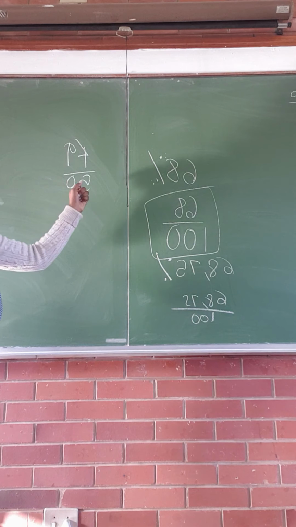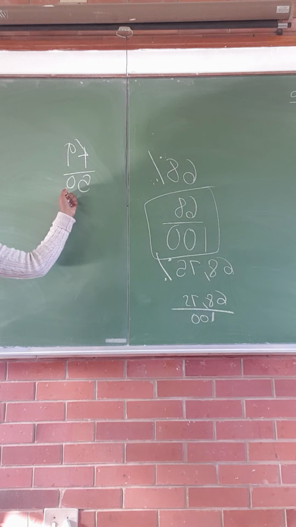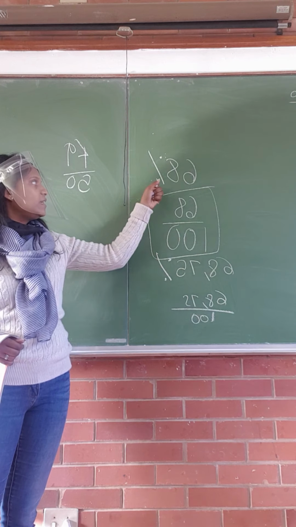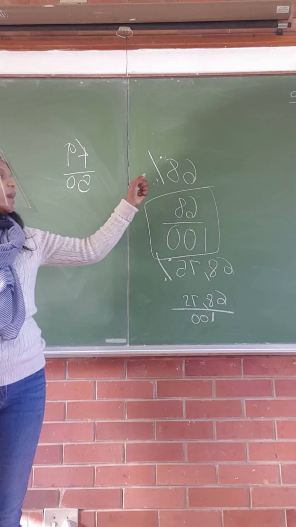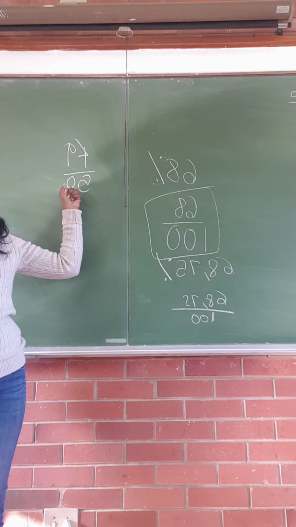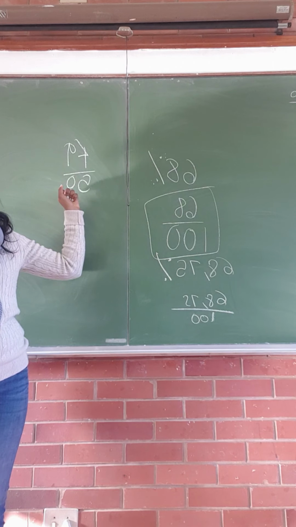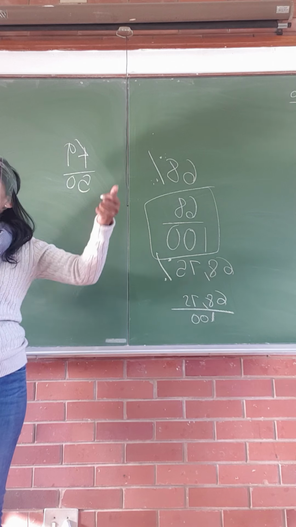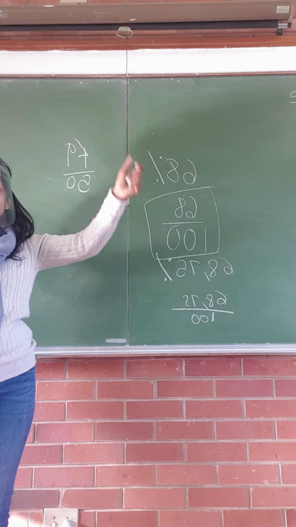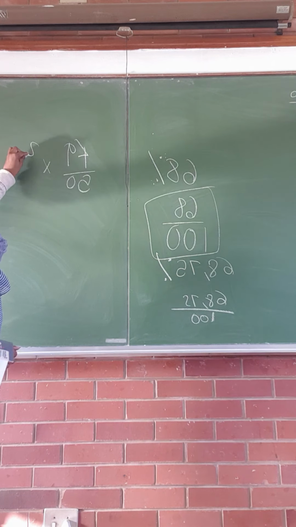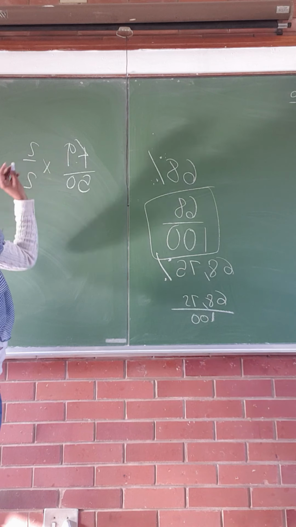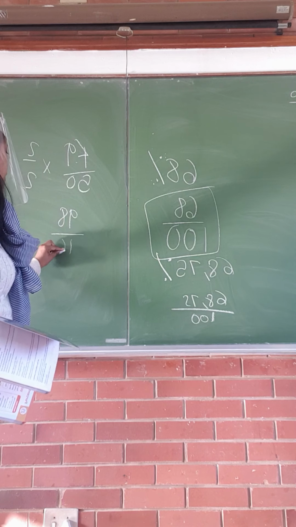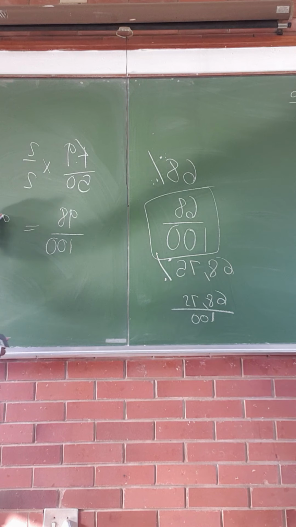So I need to get this denominator to be always 100. So what do I do to this 50 to make it 100? I can times it by 2. But remember, when we did fractions, what we do to the bottom, we must do to the top. So I can say times 2 over 2 gives me 98. Good job.